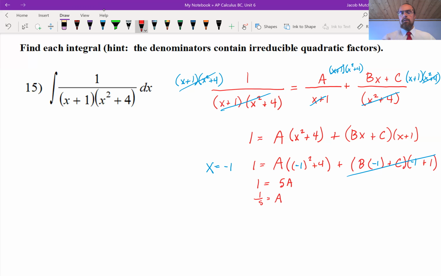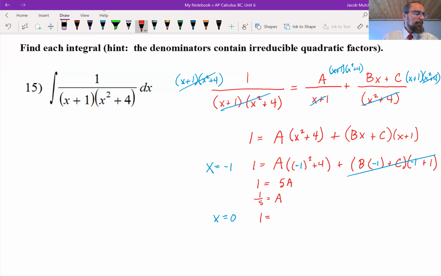So now when I go to solve for b and c, what I want to do again is choose a convenient value to plug in for x. And so what I want to do is cancel out this b term. So I'm going to choose for the next version x equals 0. So I'm going to set it up again, and then we'll plug in our 0.